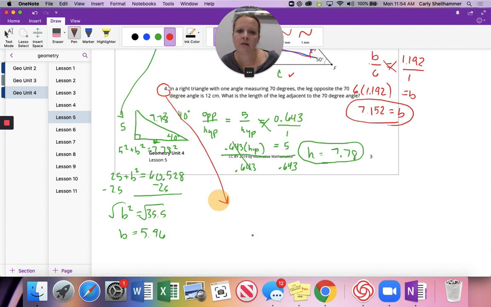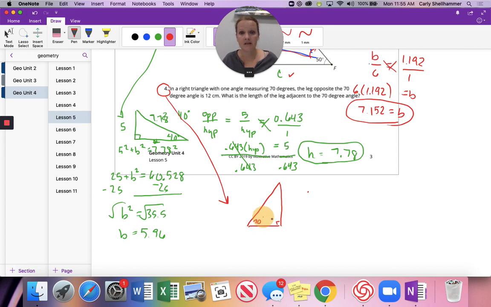In a right triangle with one angle measuring 70 degrees, sorry. Not bad. 70 degrees.